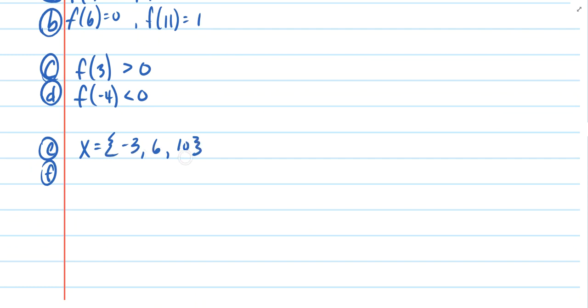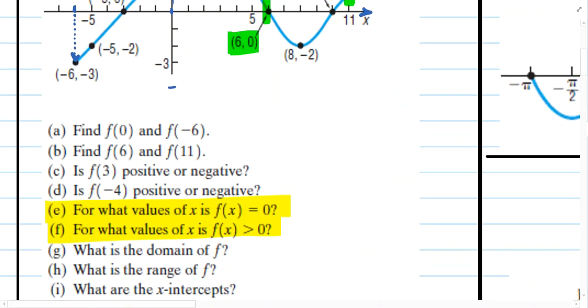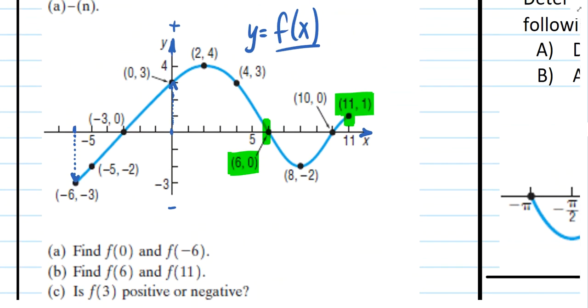And a nice way to create a list of numbers is to separate them by commas and group them with these braces here. So if we're looking at the graph, again, with an x value of -3, +6, and +10, those are the locations where the y values are exactly 0.